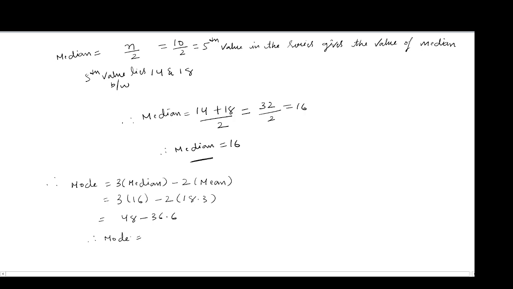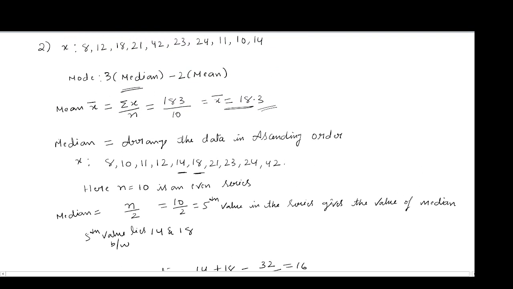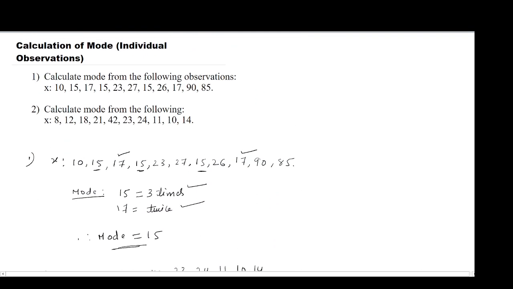Therefore, mode is equal to 48 minus 36.6 is 11.4. So this is the mode value. So this is how mode should be calculated for case number 1, that is individual observation.